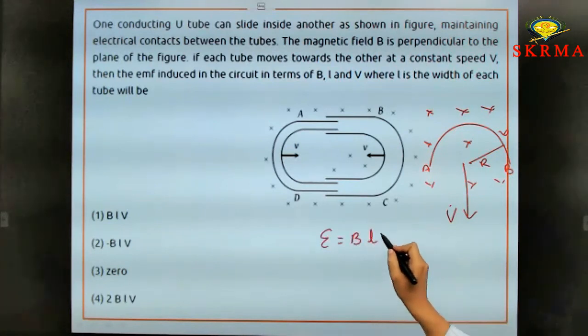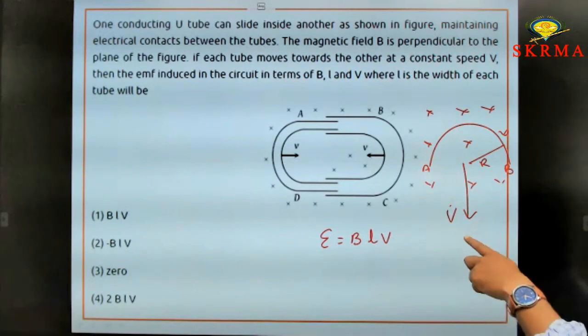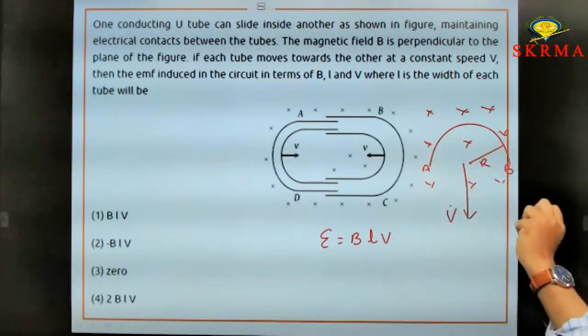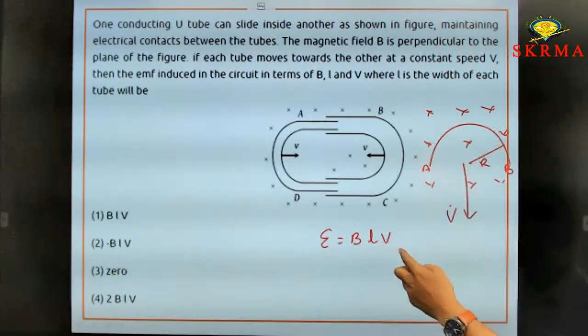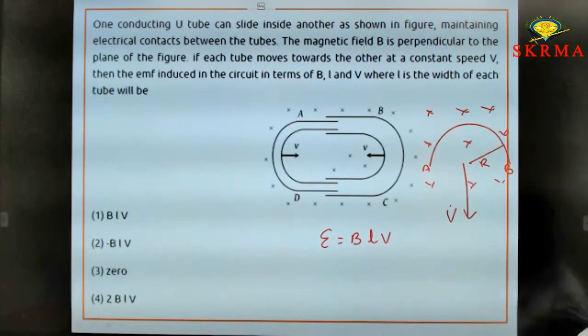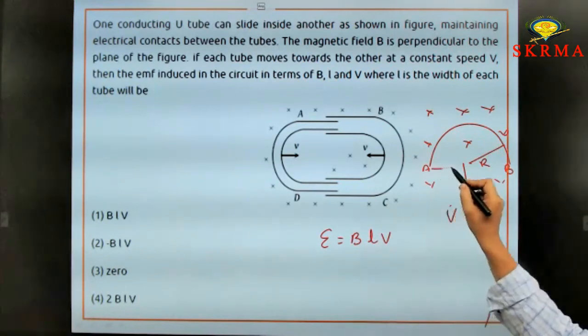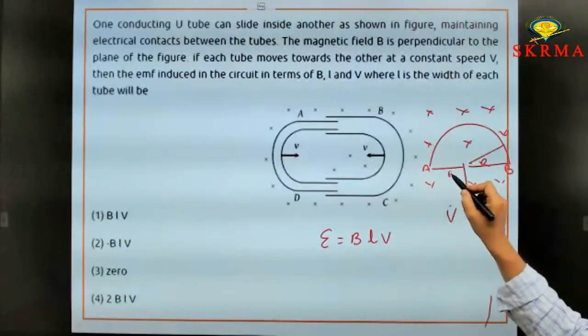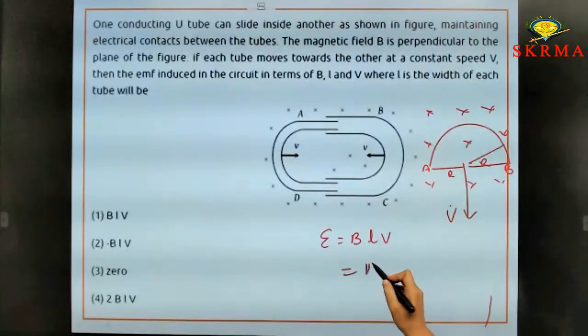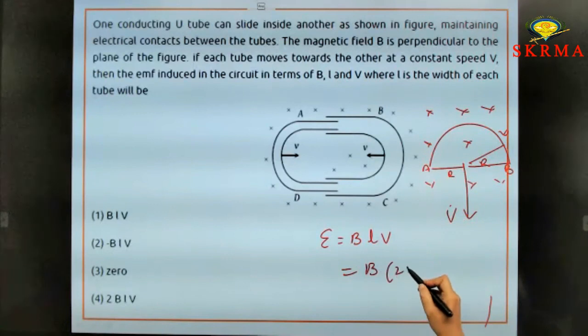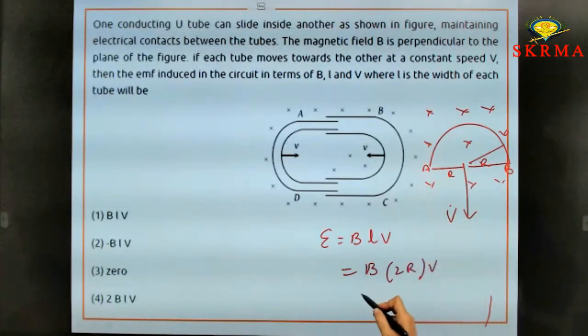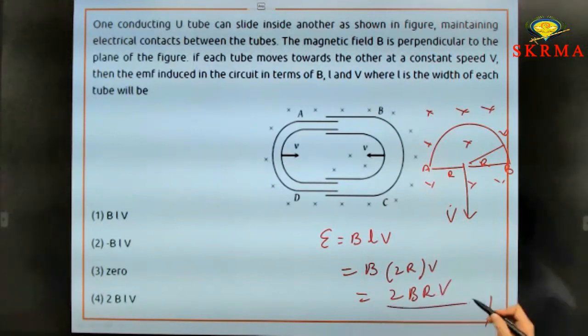BLV. Here V is constant and the magnetic field is constant, so we can't change B and V. What is L? Effective length. The effective length from A to B is R plus R, 2R. B into 2R into V. The answer is 2BRV. This is the induced EMF.